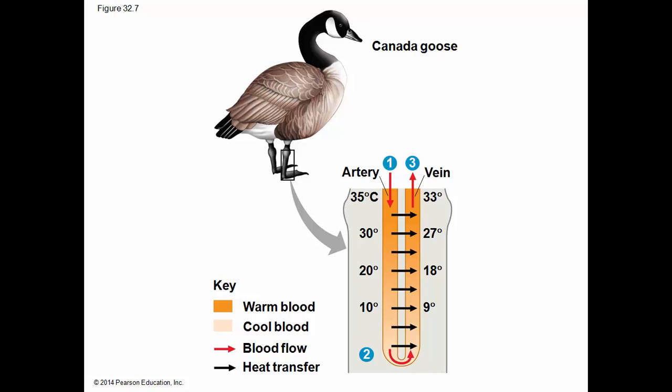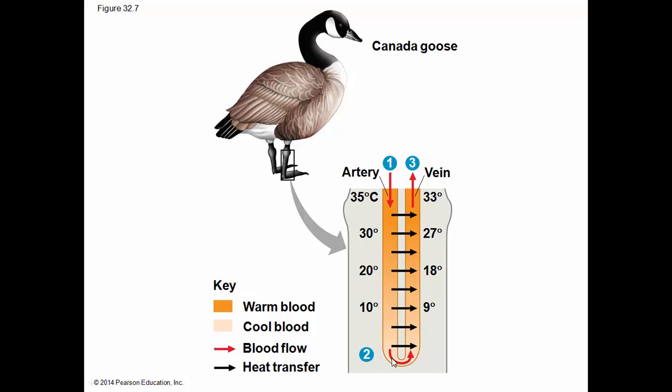I've seen the example with penguins. They do this too. The blood flow from the body of the penguin is a normal 35 degrees Celsius, so like 98, 100 degrees Fahrenheit. So the warm blood comes from the body of the animal.